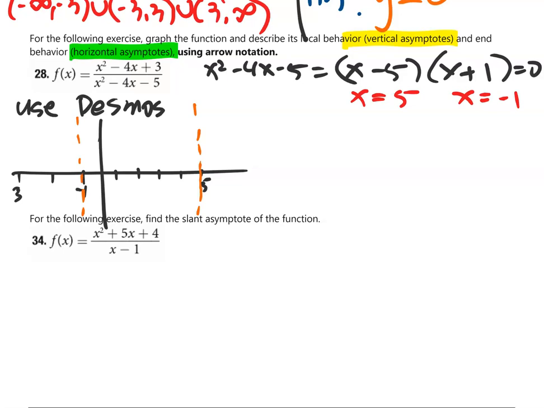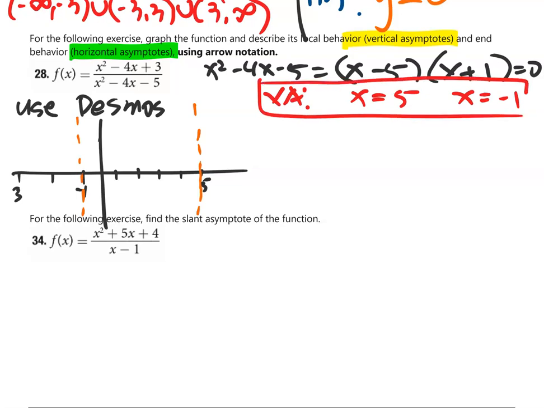Since that is your denominator and we did not cancel it from the numerator, these are your vertical asymptotes: x is equal to 5 and x is equal to -1.